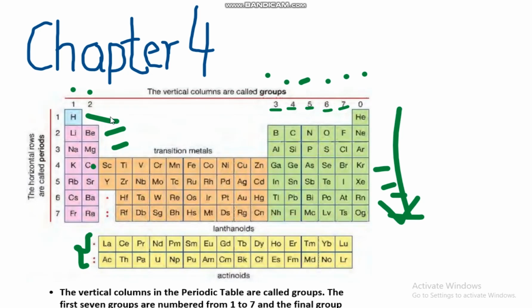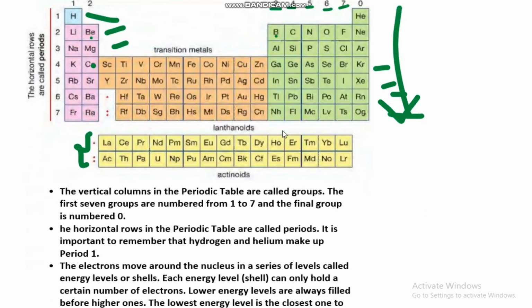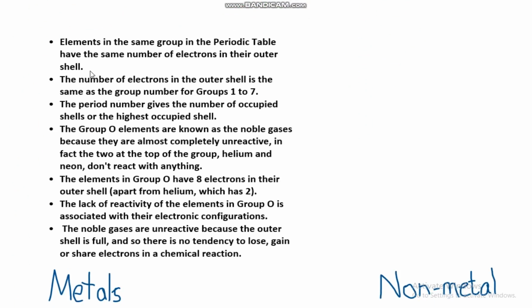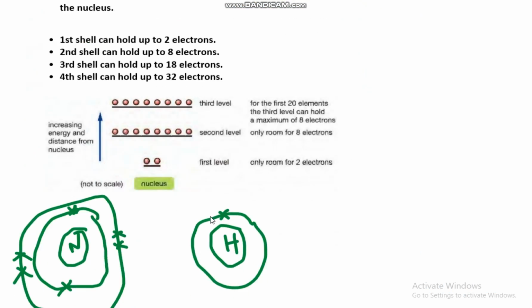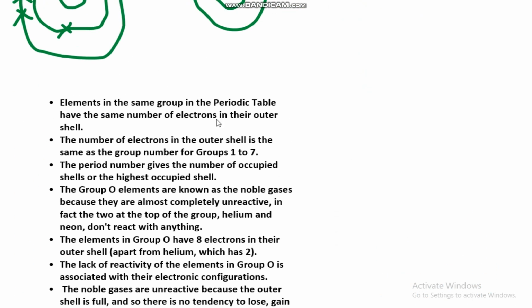So if we are talking about beryllium here, it has 2 electrons in its outermost shell. Then we have boron here, it has 3 electrons in the outermost shell. Outermost shell is the shell which is at the last, or which has the highest energy, I should say. The number of electrons in the outer shell is the same as the group number for groups 1 to 7, which I just explained.